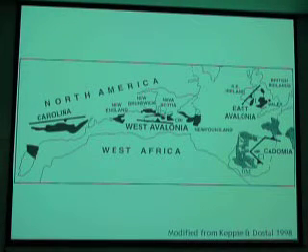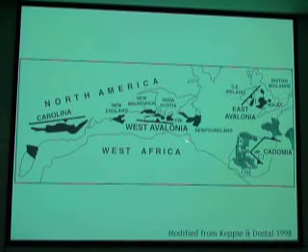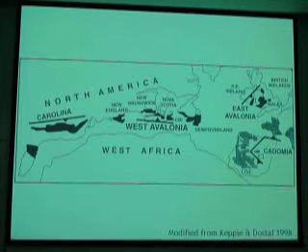Okay. I'm going to return now briefly to Avalonia, okay, which is this microcontinent, which includes the southern part of Britain and a sliver of terrains which run through Newfoundland into the Carolina slate belt on the edge of North America.